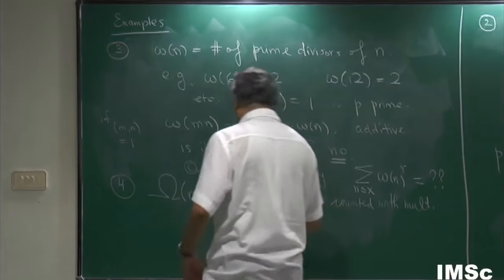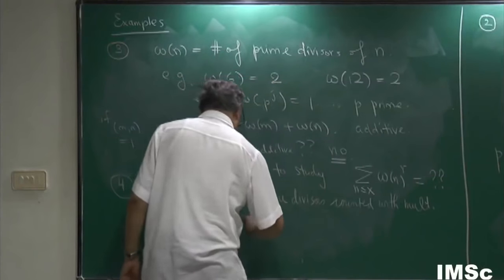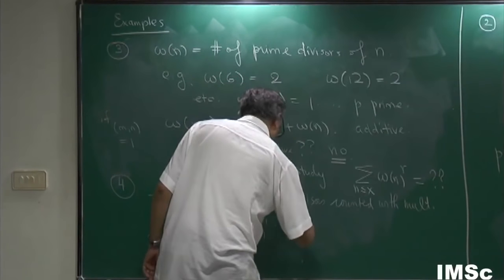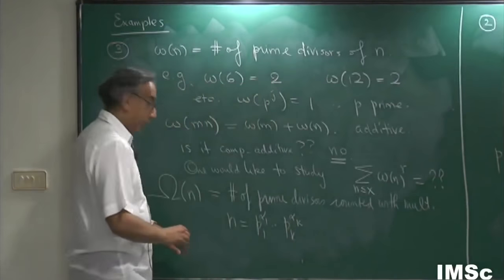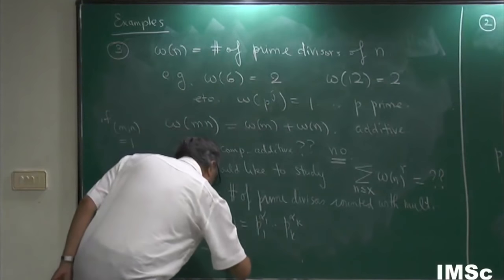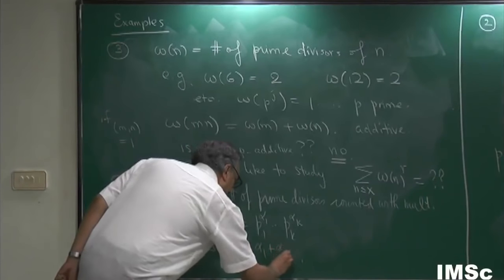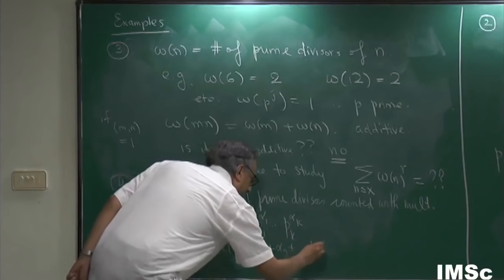Well, what I mean here is if n is equal to p1 to the alpha 1 through pk to the alpha k, then capital omega of n is going to be equal to alpha 1 plus alpha 2 plus through alpha k.